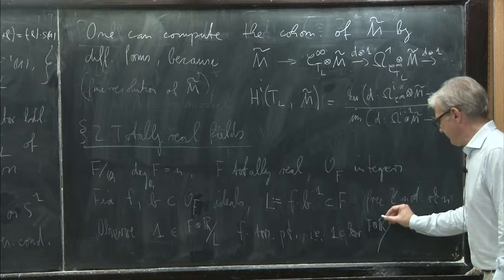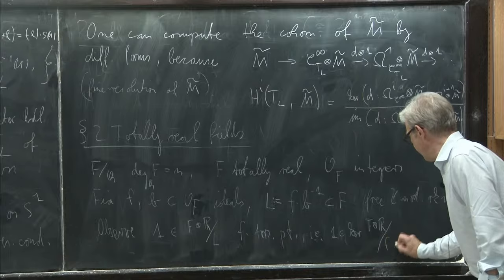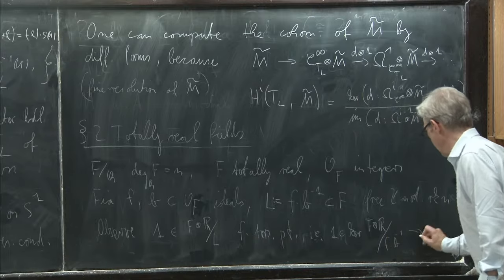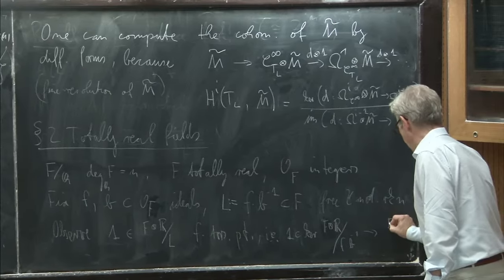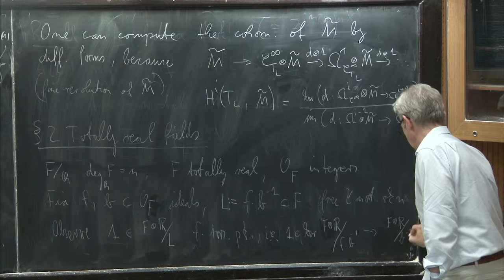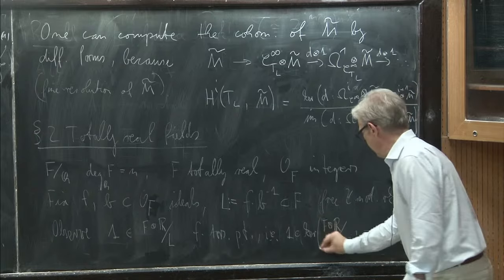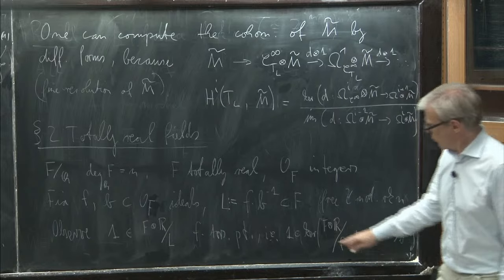So we have here f times b inverse, and then this is a sublattice of F tensor R times b inverse. And so we have a map here, and the kernel are the f torsion points.